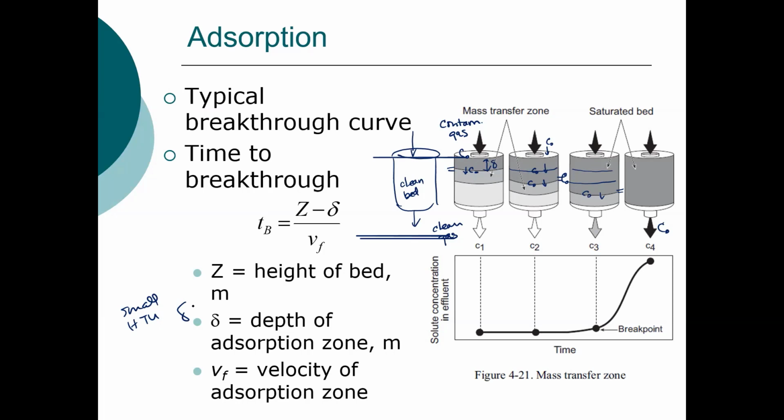The smaller the sigma value, we have a sharp breakthrough. The larger that sigma value, the shallower the breakthrough. And that's important because we want efficient use of the column. So typically we want a small depth of adsorption zone.